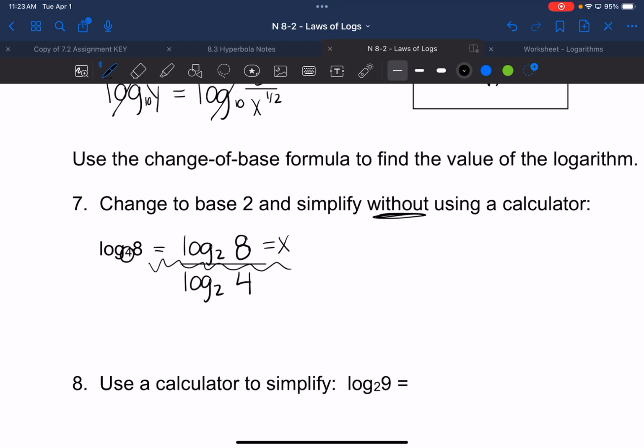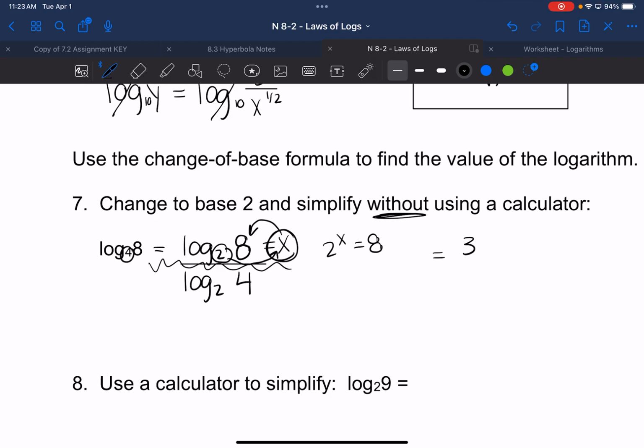Well, according to yesterday, I can rewrite this as the base raised to the x power should equal what? 8. So what power would I raise 2 to be 8? Okay, so that means the top here is actually equivalent to just 3.